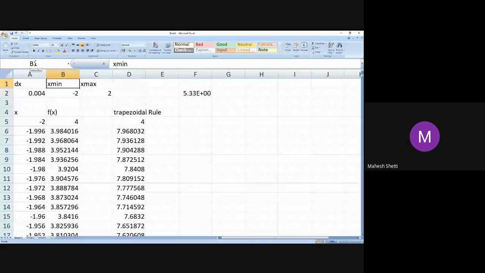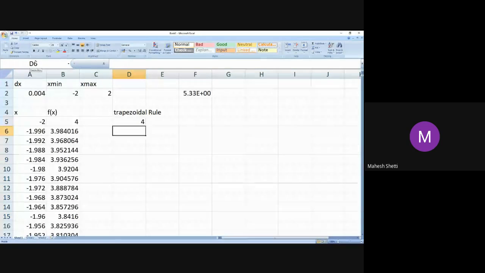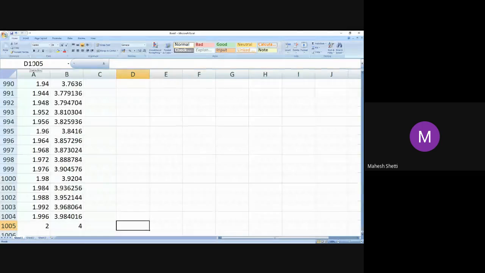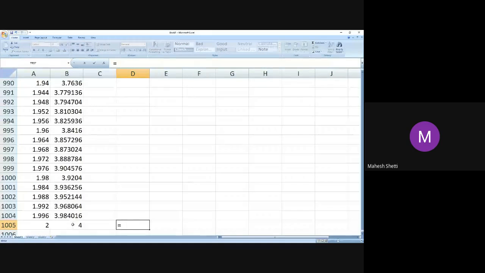Now I'm talking simple expressions first. In the trapezoidal rule, remember the first term that I want to add is y0. The last term that I'm going to add is at D1005, so here it is going to be B1005.